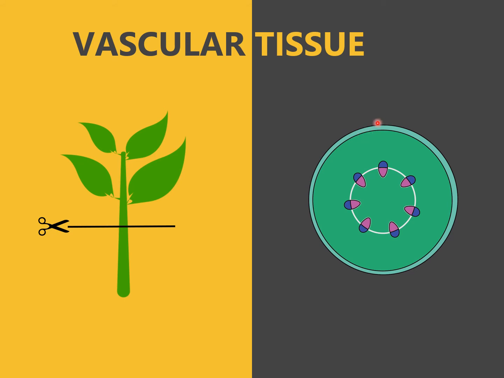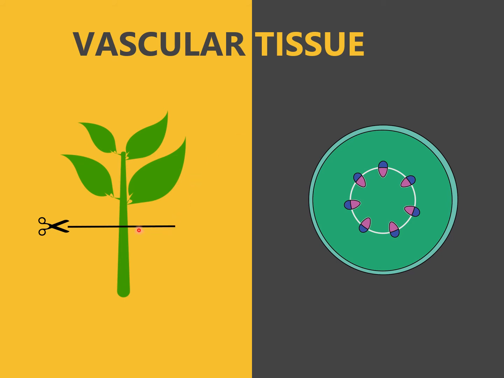Okay, so we've mentioned a couple of times the vascular tissue that forms, so I want to talk about this a little bit, because the distinctions between a woody plant like a tree and an herbaceous plant, which doesn't form wood, a lot of it has to do with the vascular tissue.